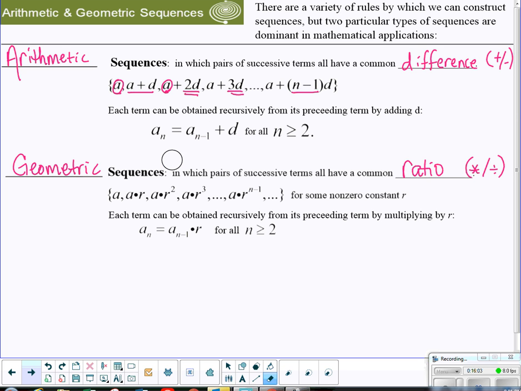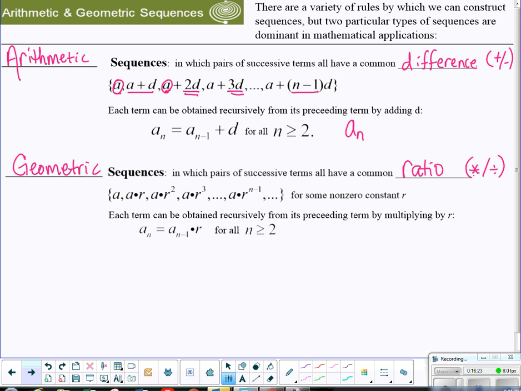Now, what sometimes happens is that we don't always start with the a sub first term, correct? Sometimes they play around with this and give us the a sub fifth term and a sub 12th term, and then what do? You know, trying to find some of those can be a little tricky.